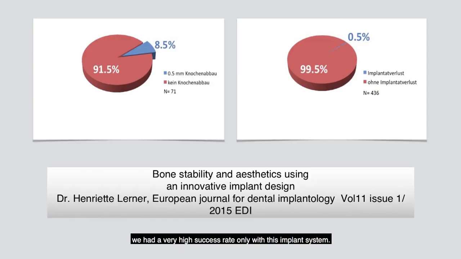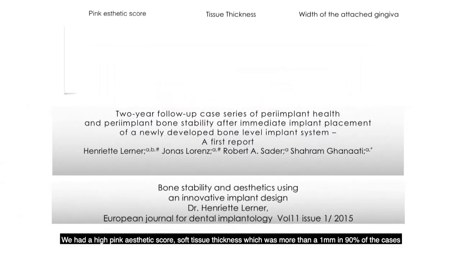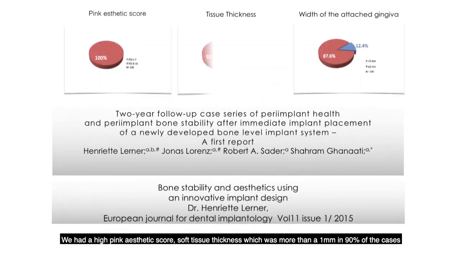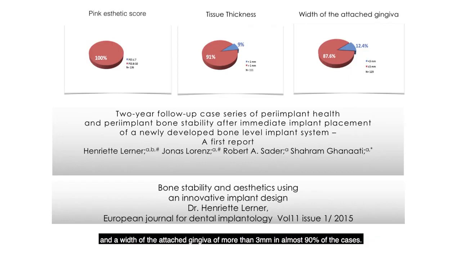We had a very high success rate only with this implant system. We had a high pink aesthetic score, soft tissue thickness of more than 1 millimeter in 90% of the cases, and a width of the attached gingiva of more than 3 millimeters in almost 90% of the cases.